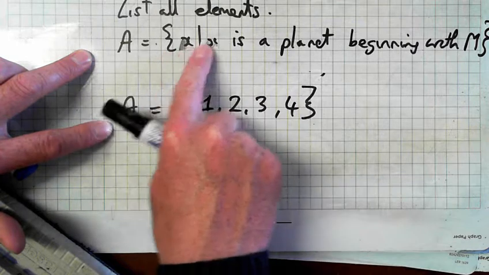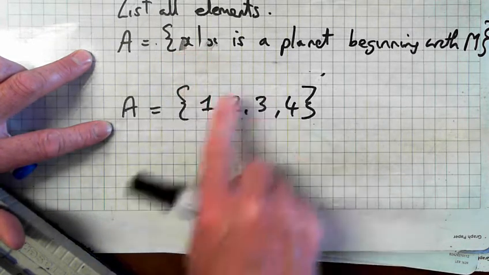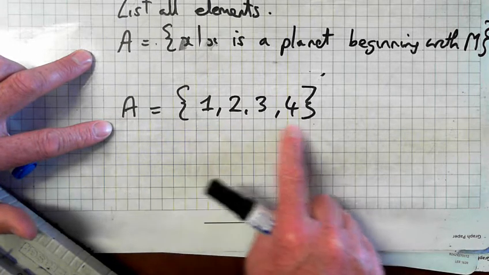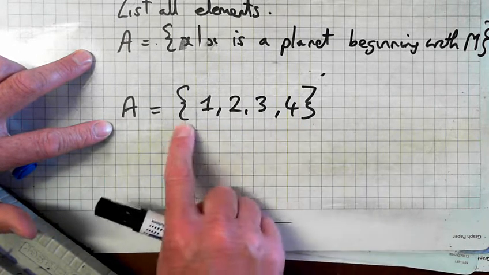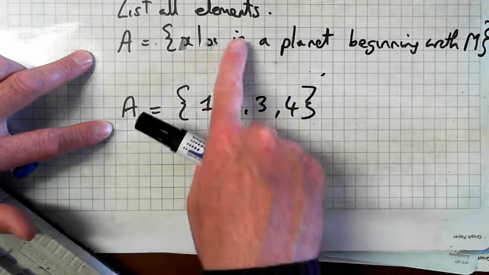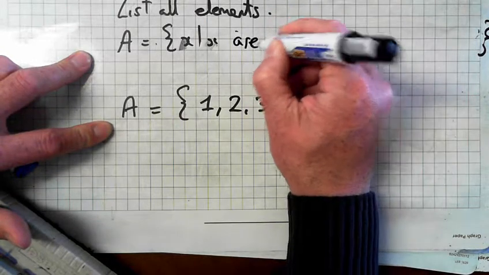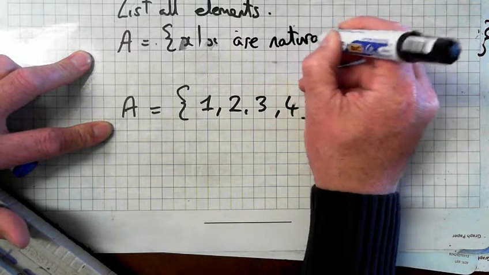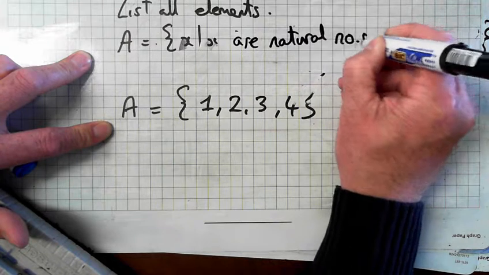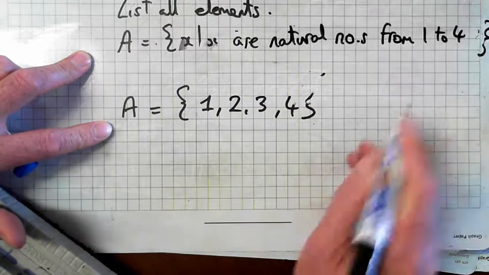So the elements of X. What kind of numbers are these? These are natural numbers from 1 to 4.